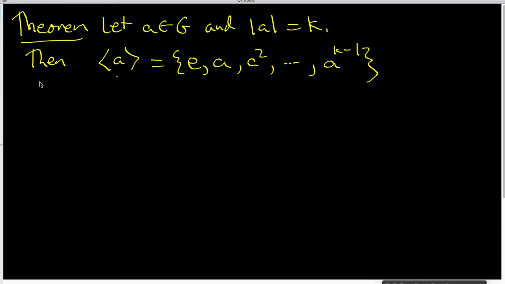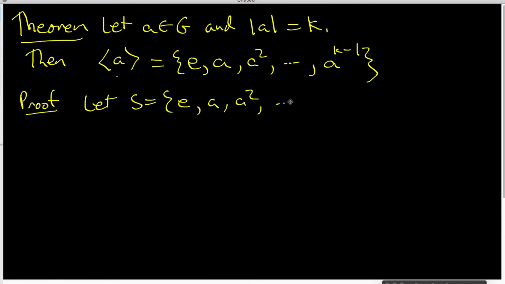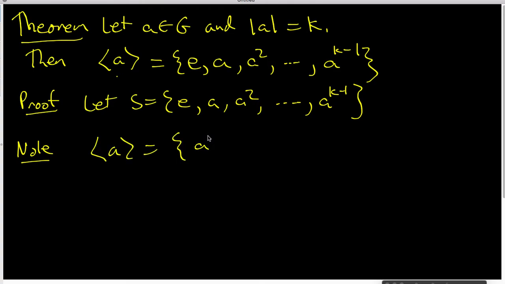So what I want to do is think about how we are going to prove this important theorem. Well, the proof of this theorem is not as difficult as the proof of the claim about set S was. The first thing is, let's let S be this set. The second thing is I want to note that the cyclic subgroup, by definition, is all of the integer powers of A, so it can be written as a to the n, where n is any integer, so it's the set of those.